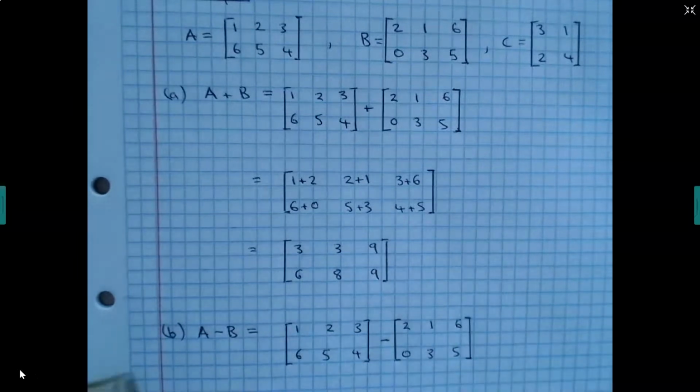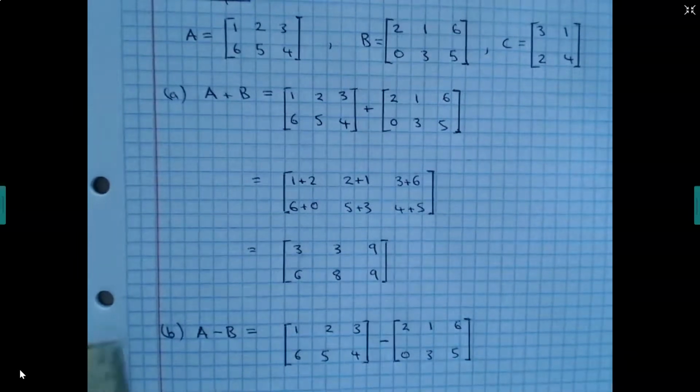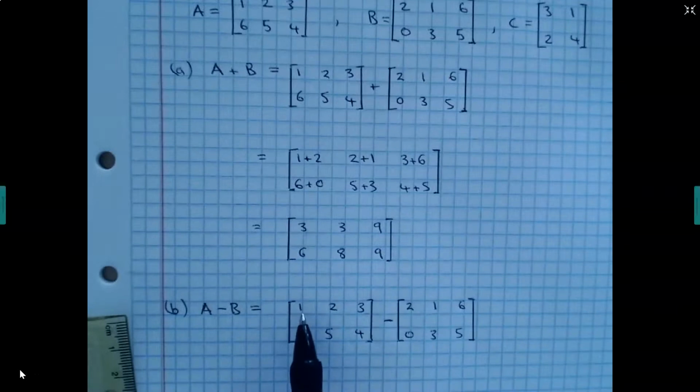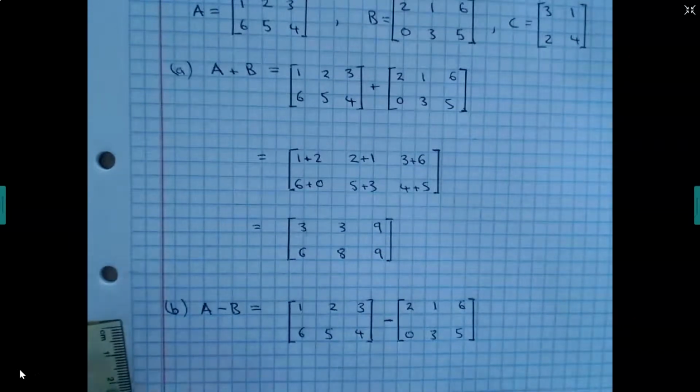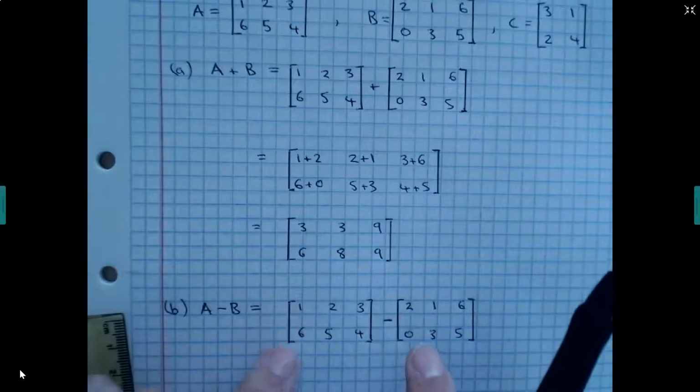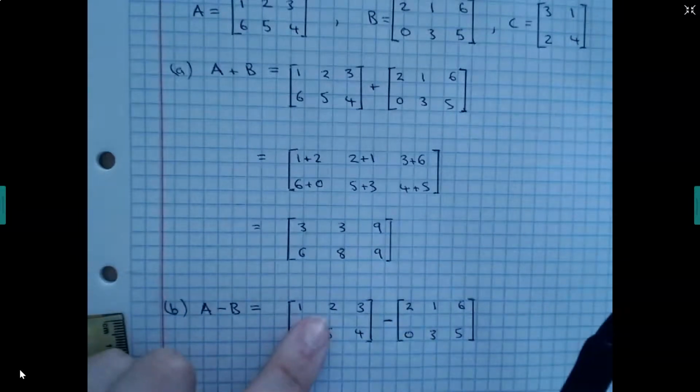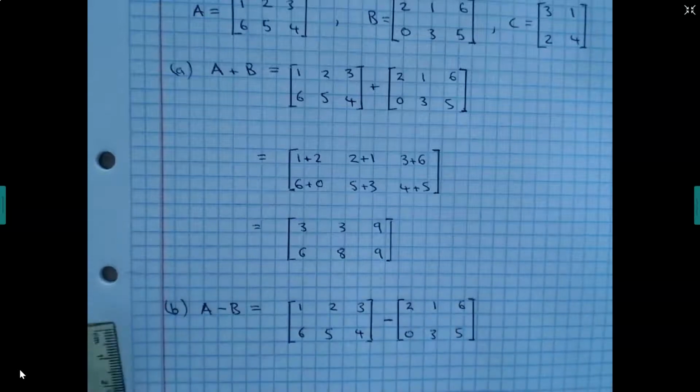And again, when we're doing the subtraction, we just have to consider each of the elements which are in the same position. So we'd go this 1 minus that 2, that 6 minus that 0, that 2 minus that 1, and so on.